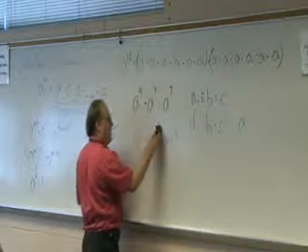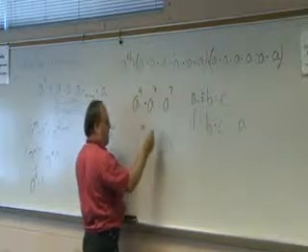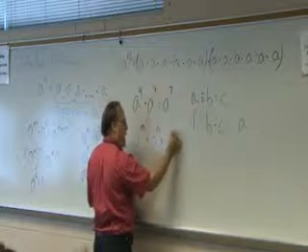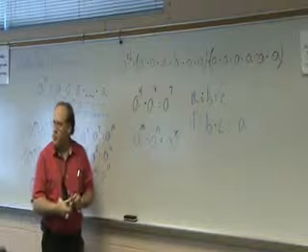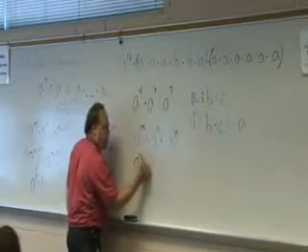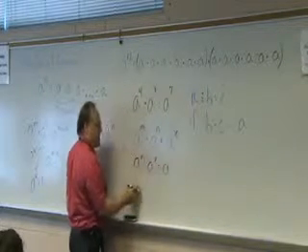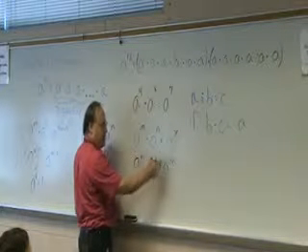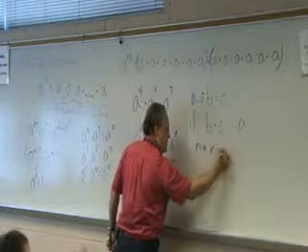If A to the m divided by A to the n is, well, let's just say A to the x for the moment. Okay? And so that would mean that A to the n times A to the x is A to the what? M, which means that n plus x is m.